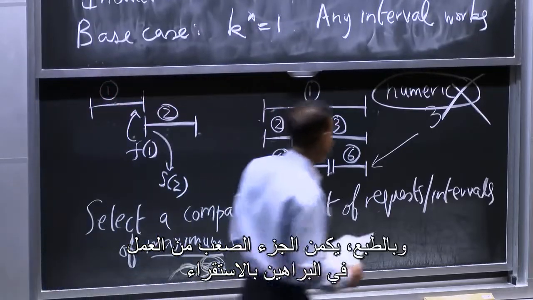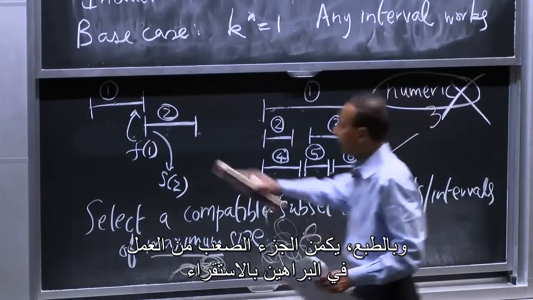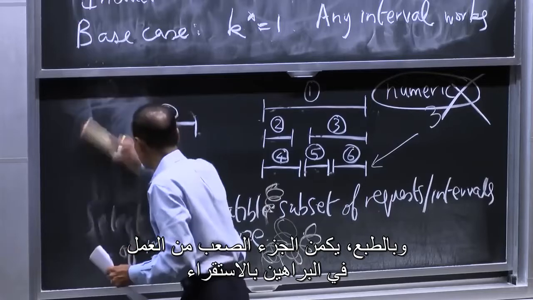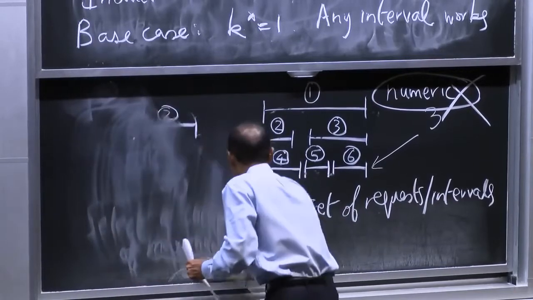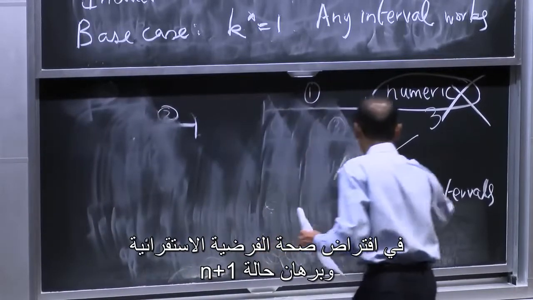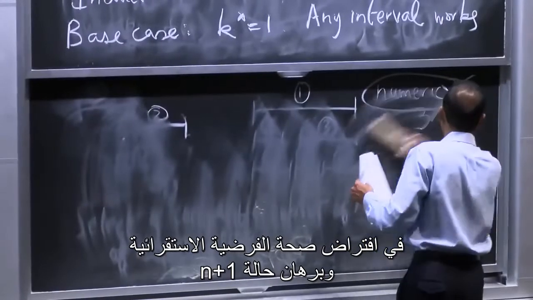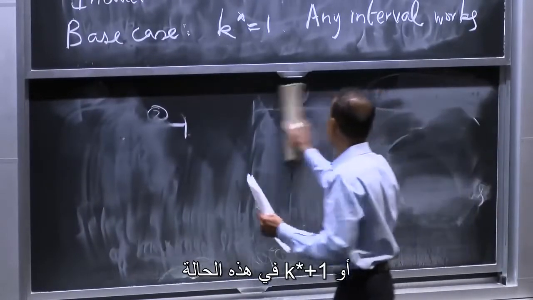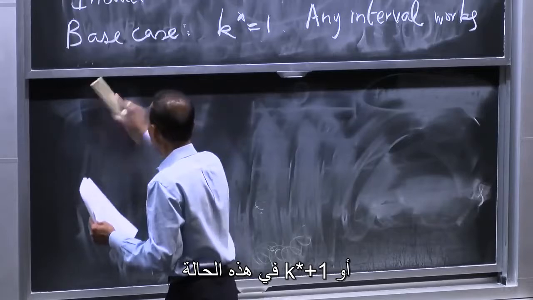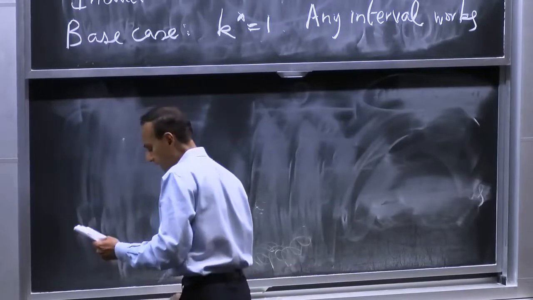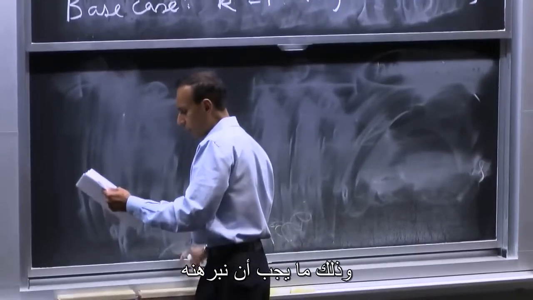So that's a trivial case. The hard work, of course, in induction proofs is assuming the hypothesis and proving the n plus 1, or in this case the k star plus 1 case, and that's what we'll have to work on.